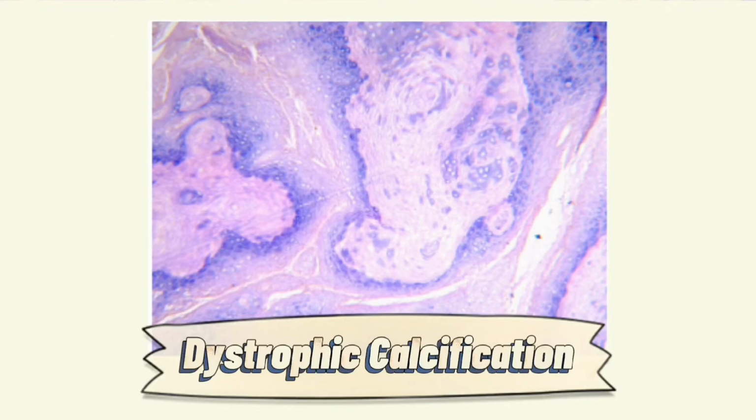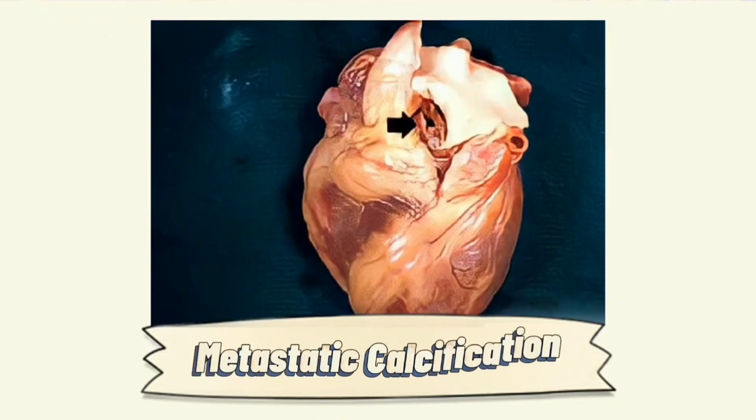The next type of pathological calcification is the metastatic or general calcification. It is characterized by deposition of calcium salts in soft tissue, and it almost always indicates some derangement of calcium metabolism as a result of hypercalcemia.